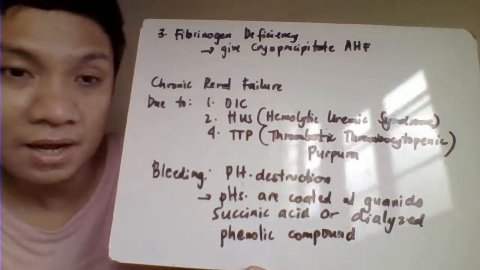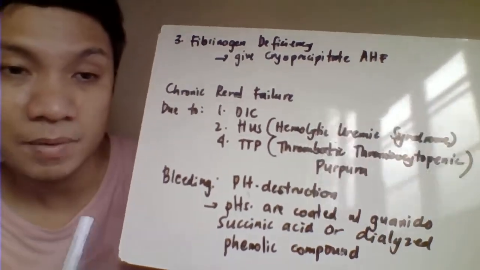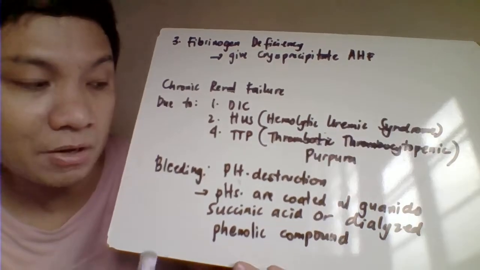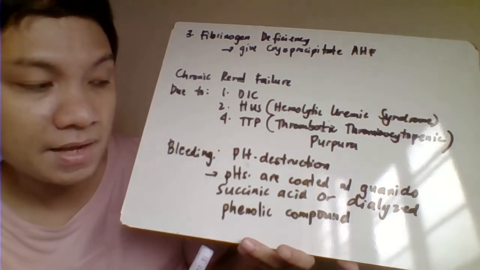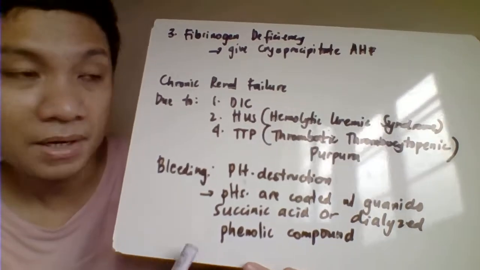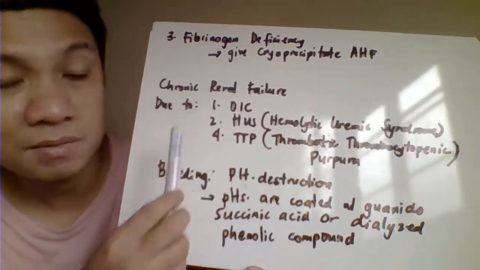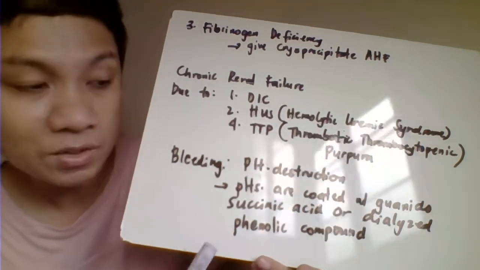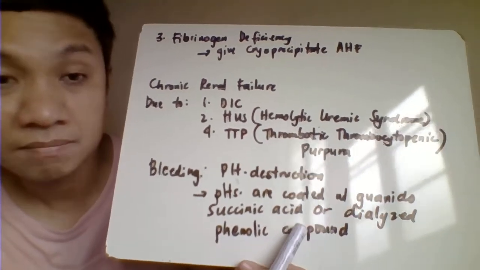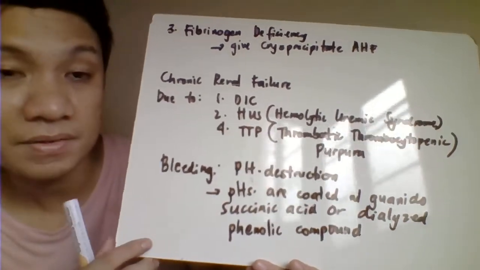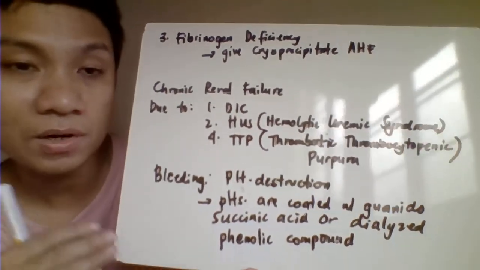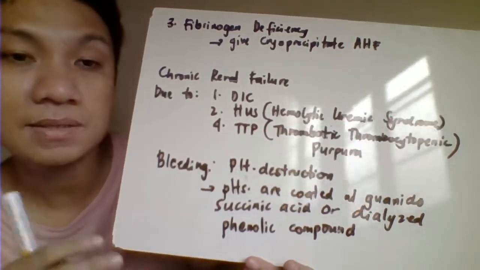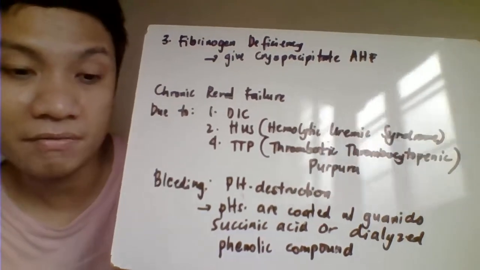So, bakit nagkakaroon ka ng platelet defects? Bakit mababa ang platelet count mo? It's because your platelets have been coated with guanidinosuccinic acid and dialyzed phenolic compound pag nag-undergo ng dialysis ang patient natin kasi may renal failure, which eventually destroys your platelets. And therefore, nagkakaroon ka ng bleeding manifestation. And again, in chronic renal failure, bleeding manifestations are only related to a problem with the platelets and not with your coagulation factors.